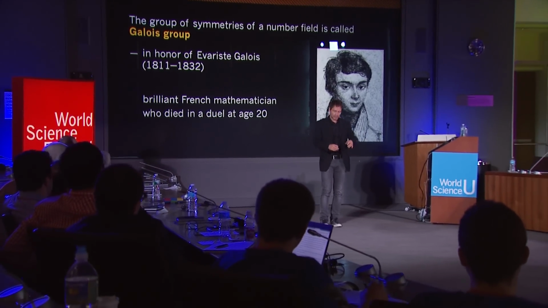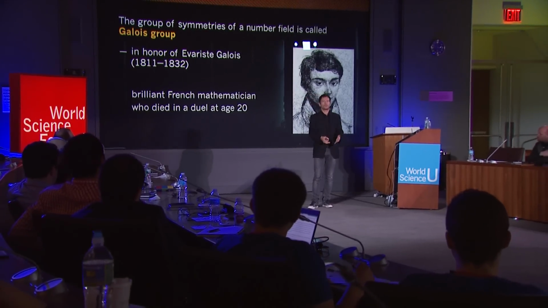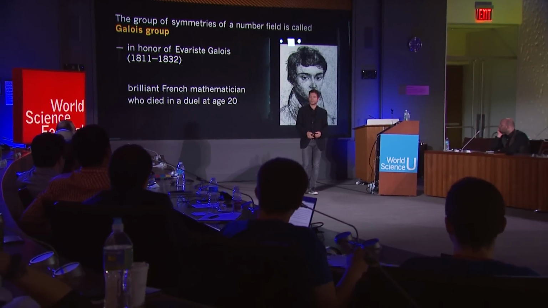The night before he was killed in a duel, he was frantically trying to finish his papers. He knew he was going to die, I guess, subconsciously. His papers were so revolutionary that mathematicians couldn't understand them for another 20, 30 years before he was given his due recognition.